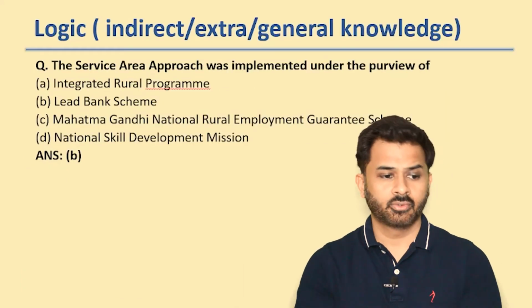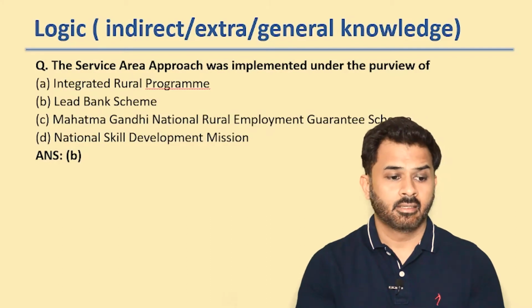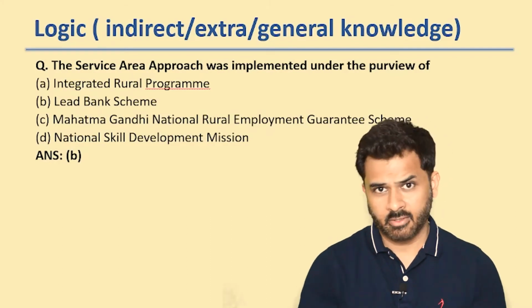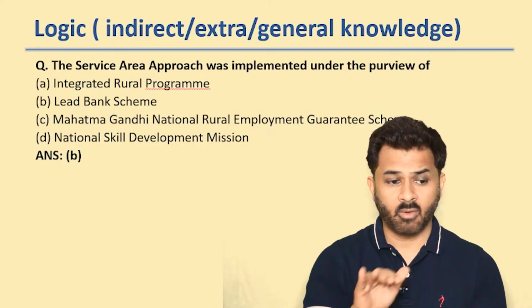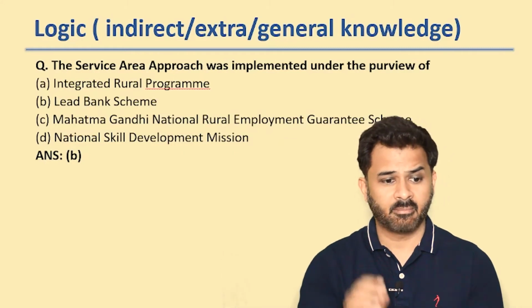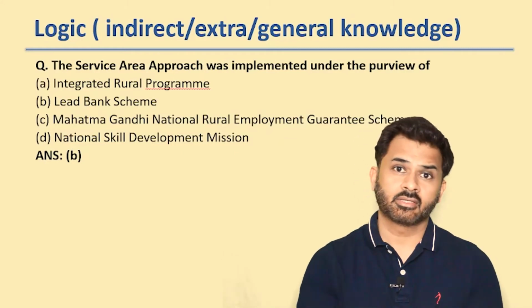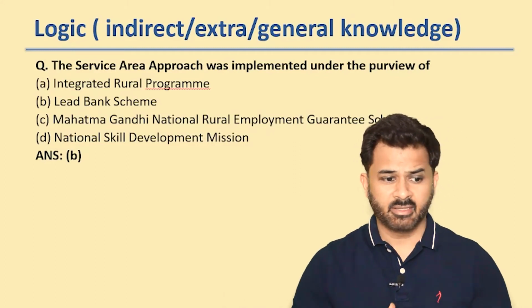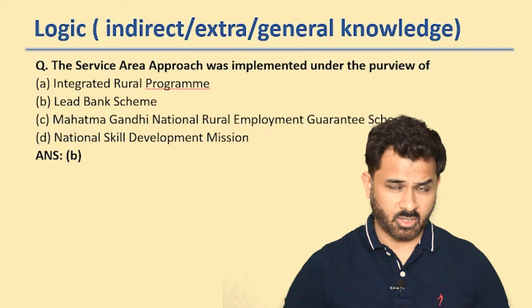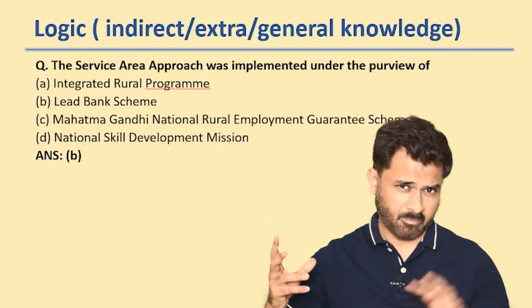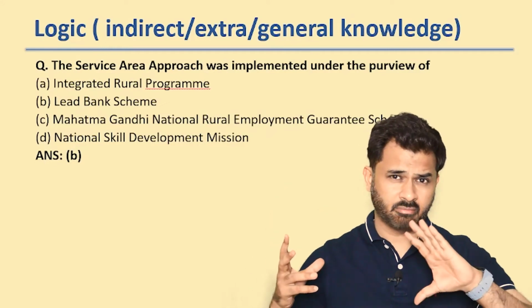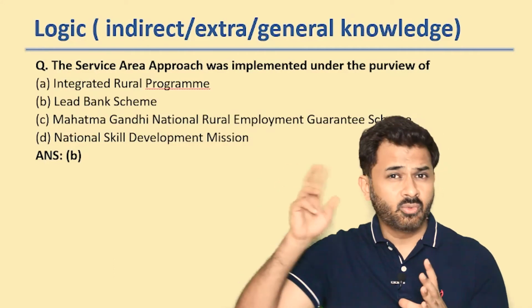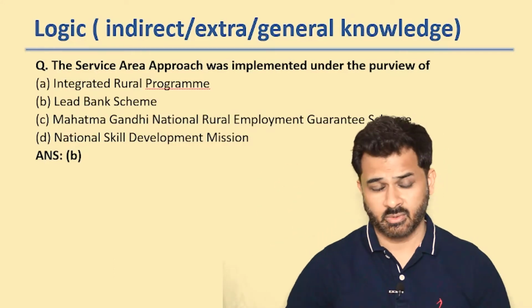Now moving on to another technique: application of logic, and along with that, we reach the logic by application of some indirect or extra or general knowledge. That means we may not have the complete information related to the question, but we know something else about the probable options or the keyword in the question, and we can use that along with the logic to reach the answer.